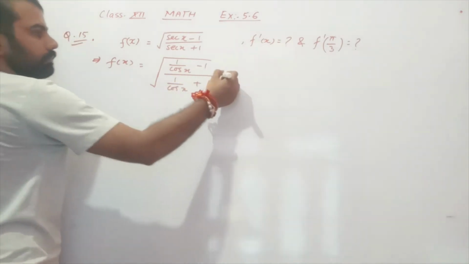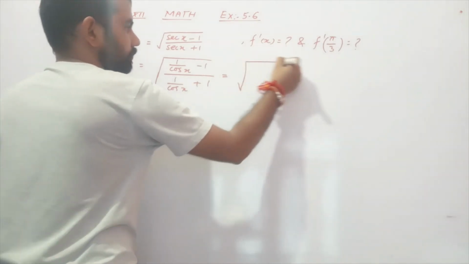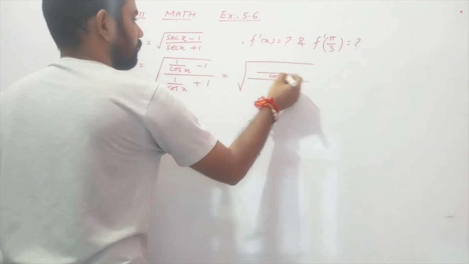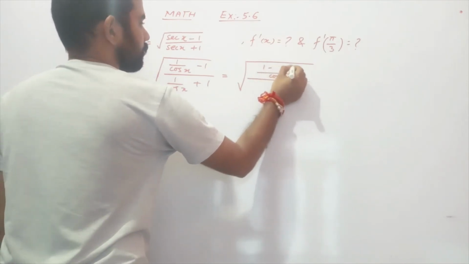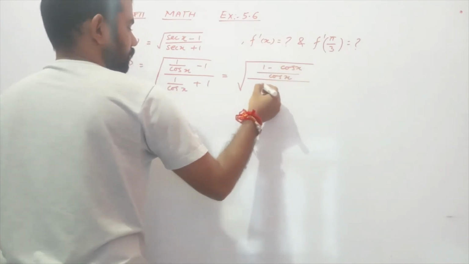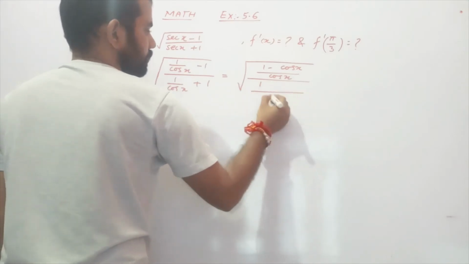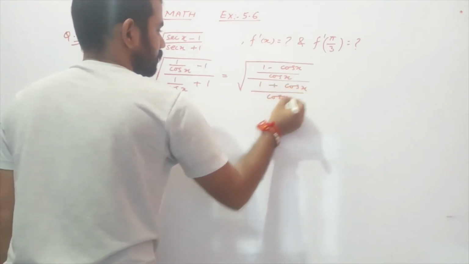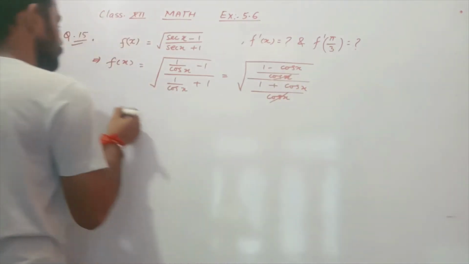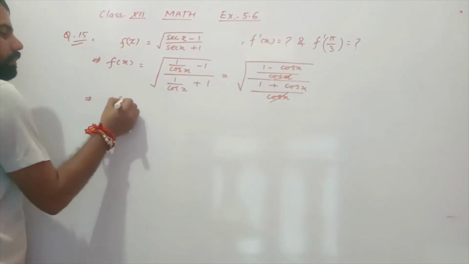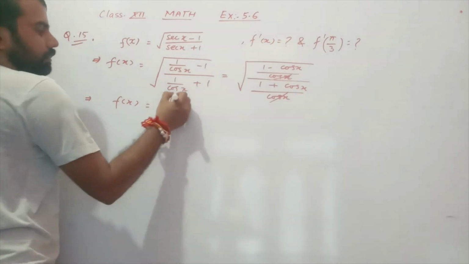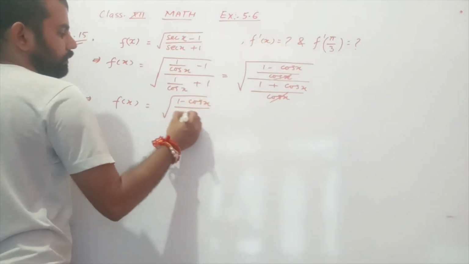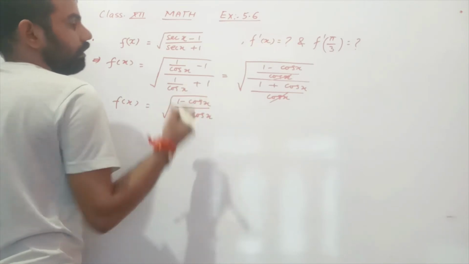This implies that, take LCM cos x: 1 minus cos x upon, also LCM is cos x, 1 plus cos x. Cos x is cancelled, so fx will be square root of 1 minus cos x upon 1 plus cos x.